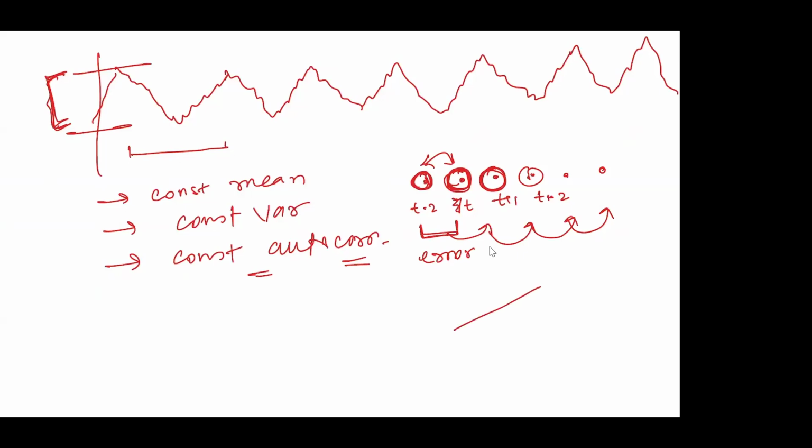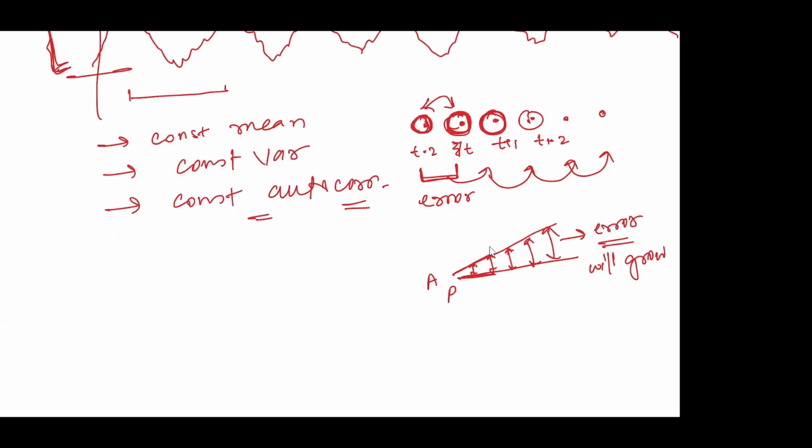Let's say this is the actual and this is your predicted. The error between the actual and the predicted will grow. That's why we say there should be no autocorrelation. So this is an example of a stationary time series.